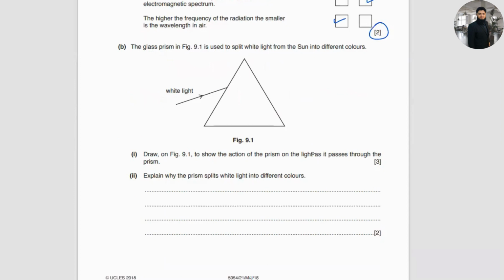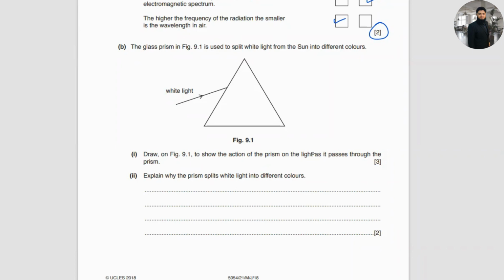The glass prism in figure 9.1 is used to split white light from the sun into different colors, right? So draw on figure 9.1 to show the action of the prism on the light as it passes through the prism. We all know that a prism has a triangular shape, made of glass. So what will happen when white light enters the prism?